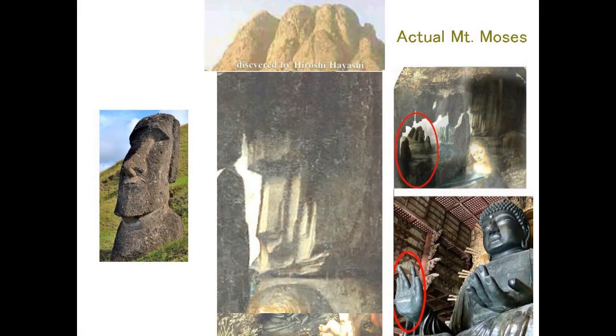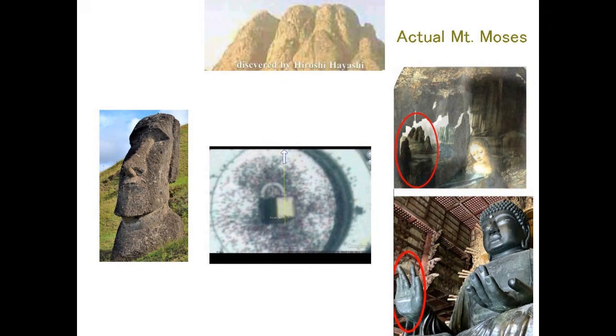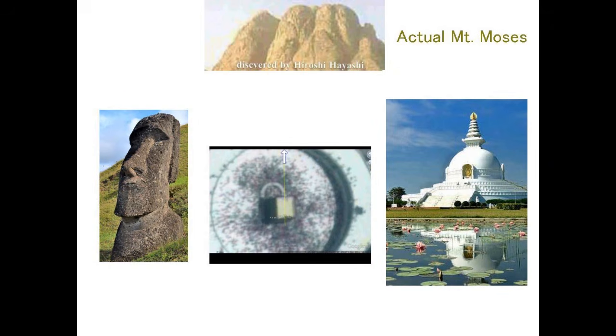Are these just coincidences? If these are mere coincidences, there is no such perfect coincidence. Or maybe Leonardo da Vinci was well aware of these facts. He may well have been familiar with these facts and painted them in his own painting.